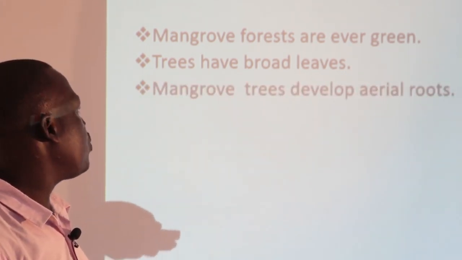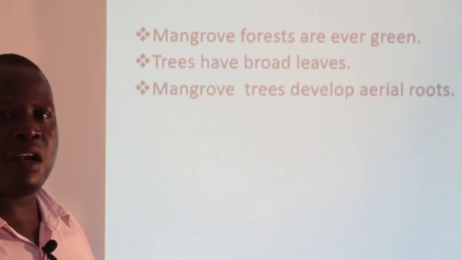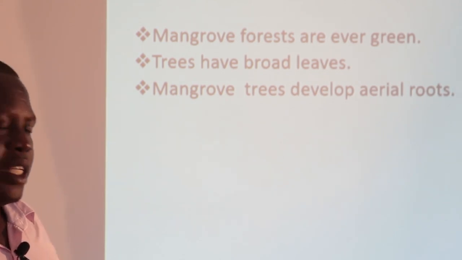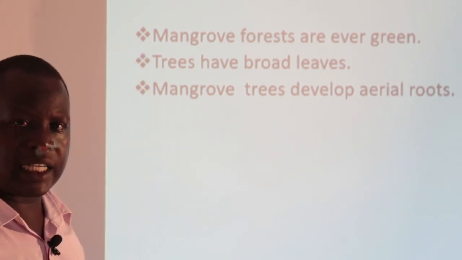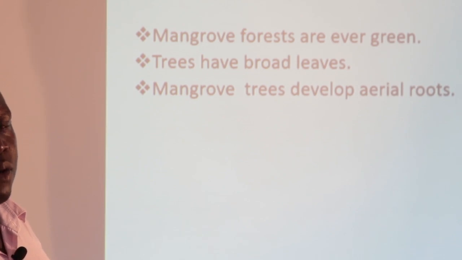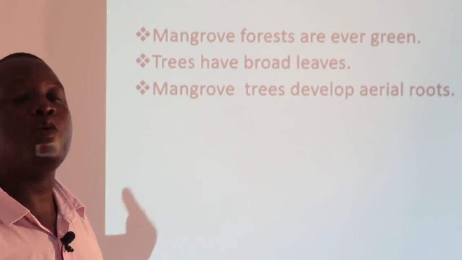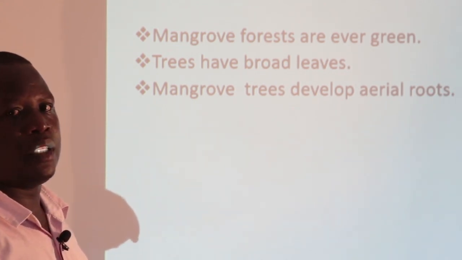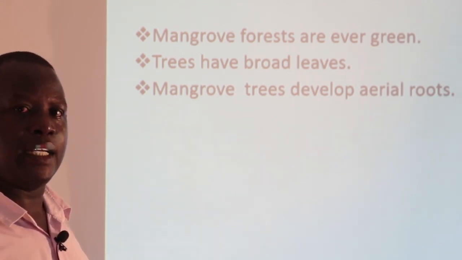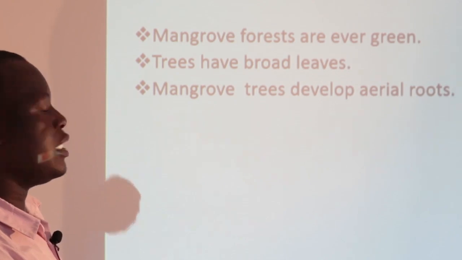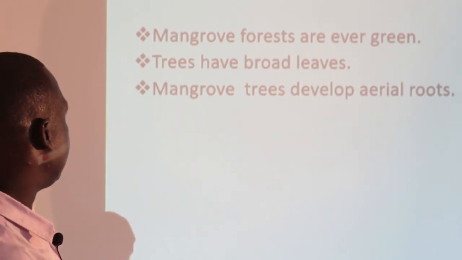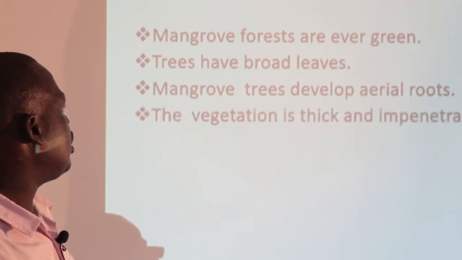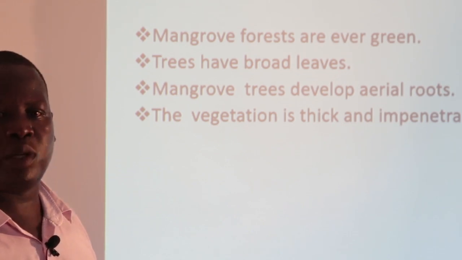We also say mangrove trees develop aerial roots. Soon after we have finished the characteristics, we shall look at the aerial roots and how the forests look. We see that they develop these aerial roots, these roots that come outside and support the plant in the soft areas. We also have that the vegetation is thick and impenetrable.